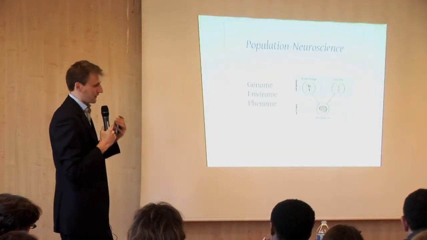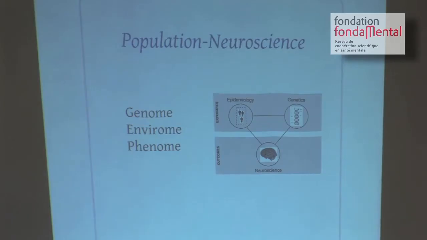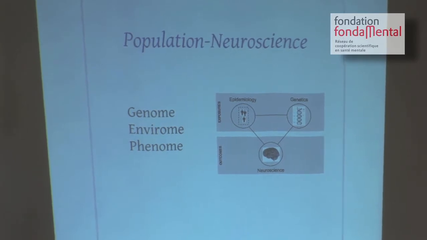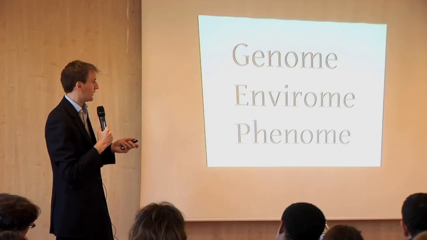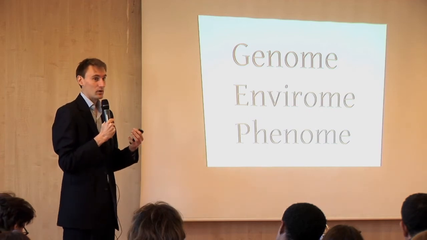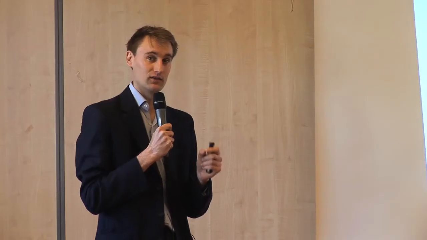So the integration of epidemiological methods and cognitive neuroscience has been termed by others population neuroscience. The aim of this is to fully understand the characterization of the human genome, the environment, pathological environments or beneficial environments that we can grow up in, and also a refined characterization of the phenome.